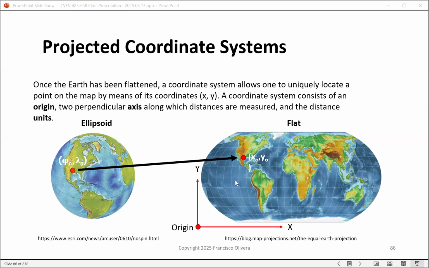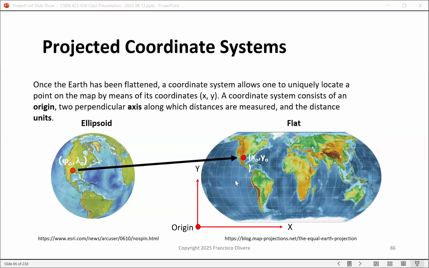So that is about geographic coordinate systems. Now we're going to talk about projected coordinate systems. So step number 1, we have the curved surface of the Earth on an ellipsoid. We flatten the surface of the Earth, and now what we want to do is define an origin, and define our axes X and Y, most likely perpendicular.